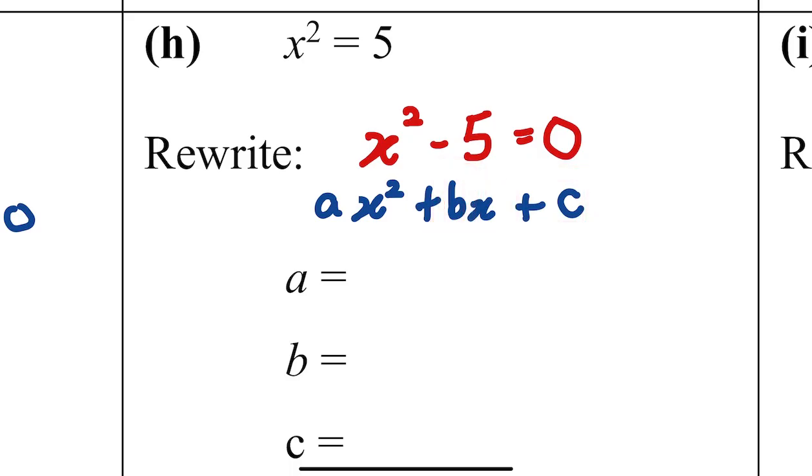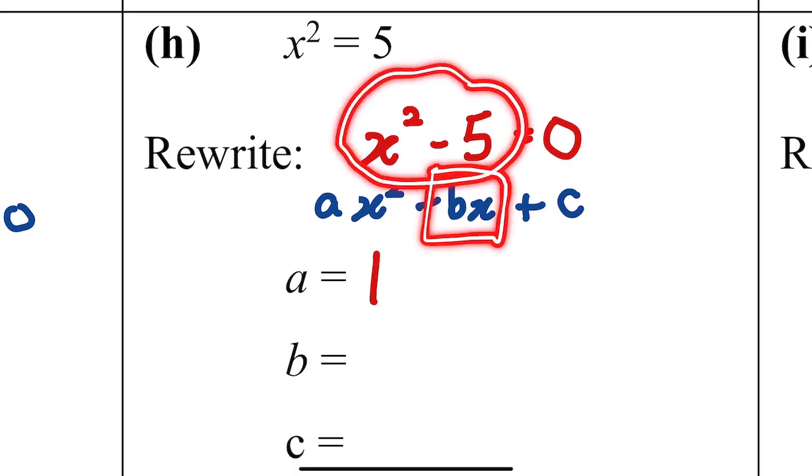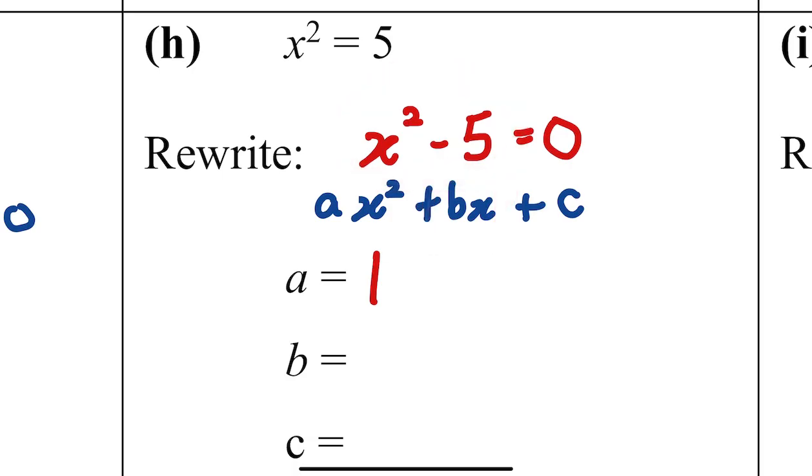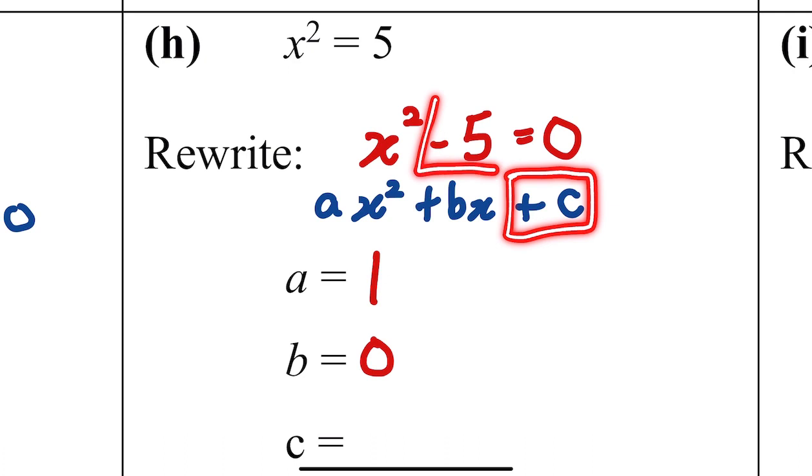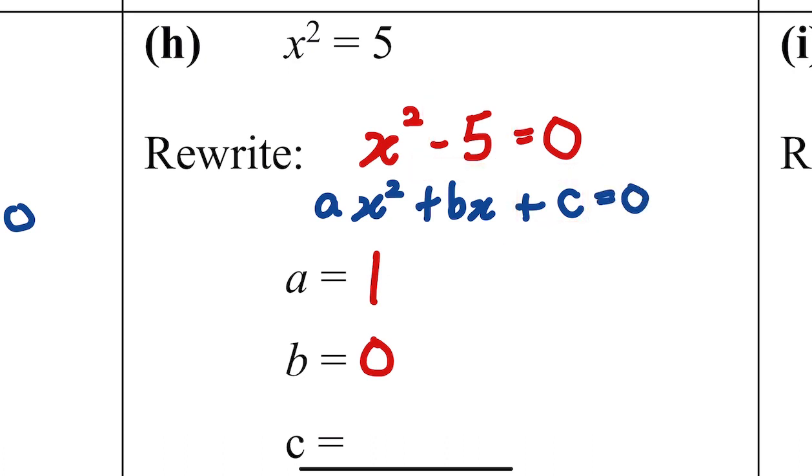In this expression, x squared minus 5, I do not have a term with x. So my a here is an invisible 1. And your b, because there is no term with x, is equal to 0. And c is your constant term, which in this case is negative 5.